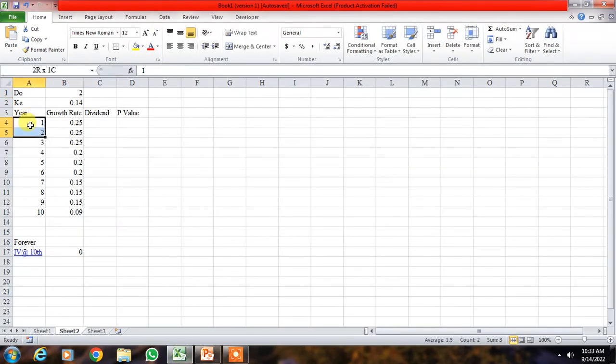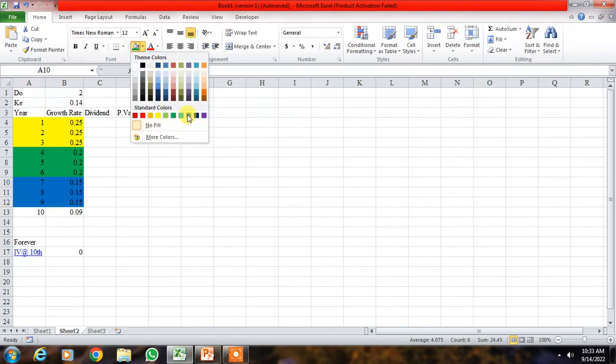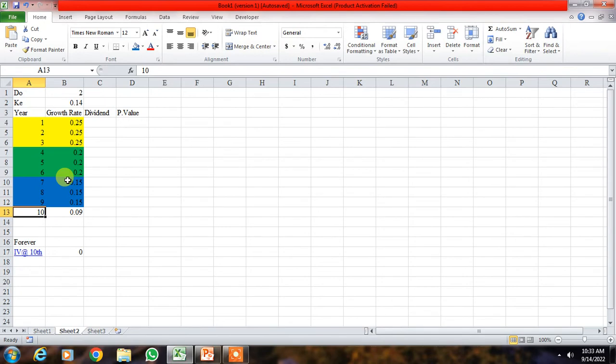You can see that for the first 3 years I have considered the growth rate of 25%, for the next 3 years, 4, 5, 6, the growth rate is 20%, for the 7, 8, 9, these 3 years the growth rate is 15%, and then from 10 onward the growth rate is 9%. You are supposed to find out dividend 1, which is similar to the previous concept. Your D1 is the 25% increase in the current dividend.